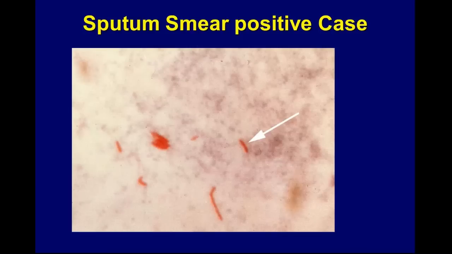Because tuberculosis is not very infectious, it only infects about 30% of its environment on average. We can get away with this continuing isolation when, technically speaking, there could be 9,900 bacilli still floating in a patient's room. So sometimes you may see me still, even if the AFB smears are negative and we have a high index of suspicion, wear a mask until we put the patient on therapy.